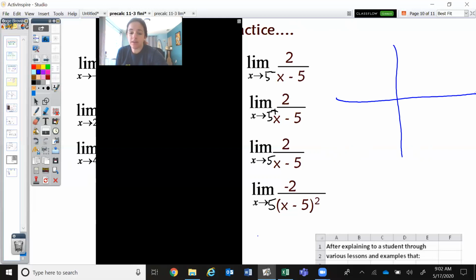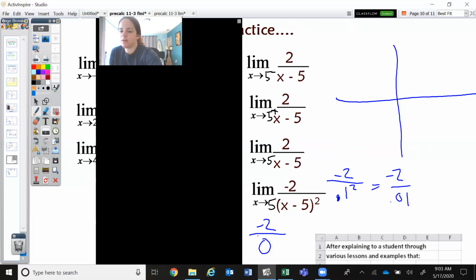Here, if I put in 5 for direct substitution, I do get negative 2 over 0. And so I can see that's going to be infinity, negative infinity, or it does not exist. However, if I put in 5.1, then that would be negative 2 divided by 0.1 squared, which would be negative 2 divided by 0.01, which would be negative 200.